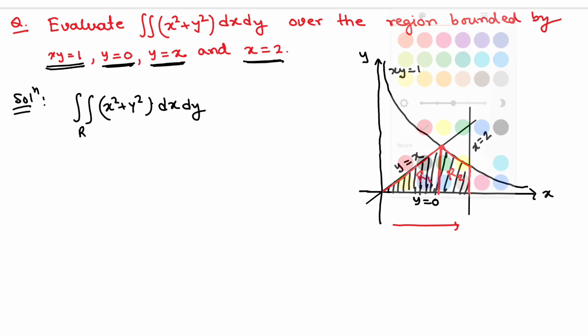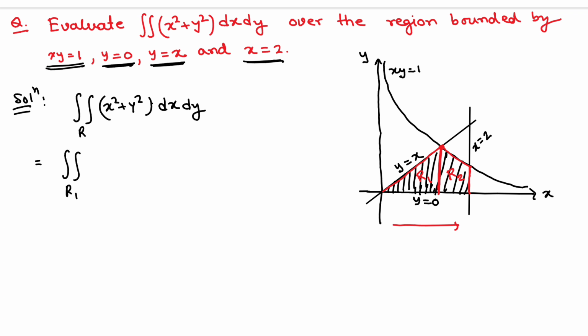So we have to calculate the integration over r1 of x square plus y square dx dy, and over r2 of x square plus y square dx dy. The problem is that for the x limit we are getting three separate curves. That's why we have to break the region.